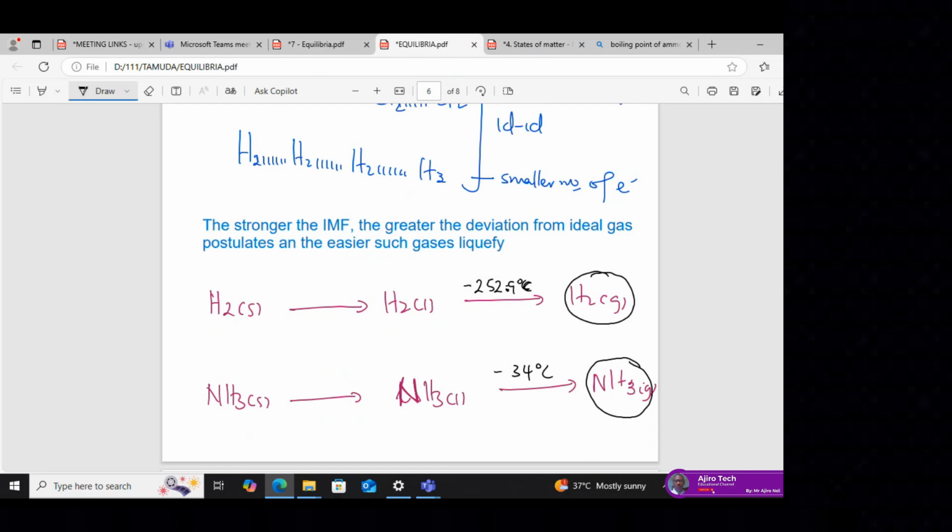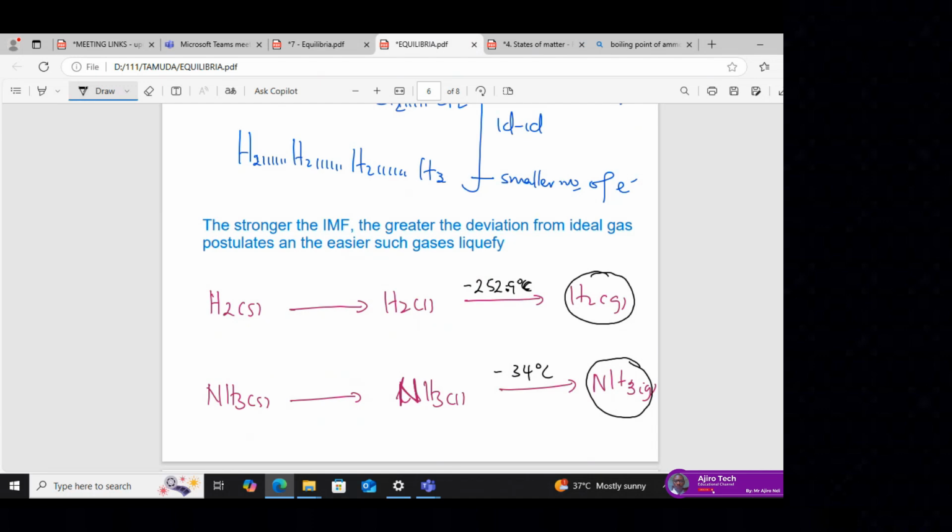Ammonia, very fast. Look at the difference between them. It turns to liquid first before hydrogen, because ammonia deviates more from kinetic theory. There is a possibility that hydrogen gas will remain an ideal gas. Ammonia has stronger intermolecular forces, so it turns to liquid first before hydrogen does under similar conditions.